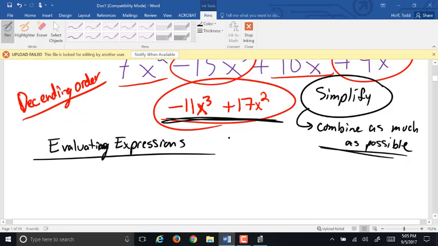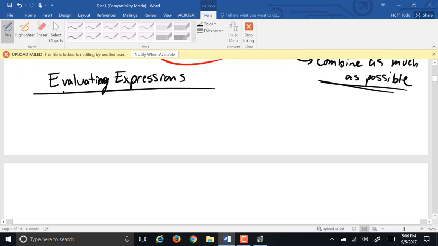When you're given the command to evaluate expressions, that means your result should be a single number.